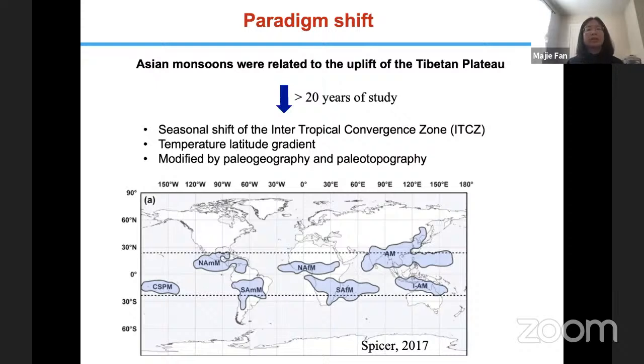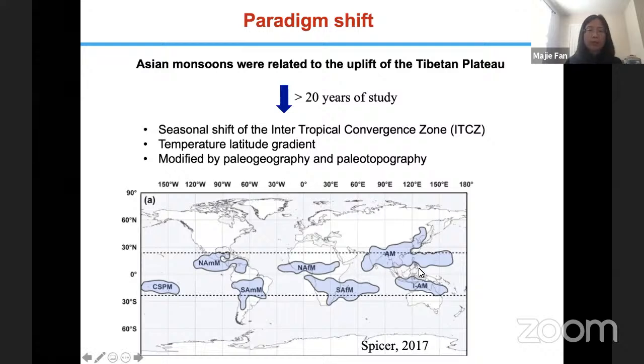So about 20 years ago, as a student, I learned that the Asian monsoon was all just related to the uplift of the Tibet Plateau. But two weeks ago, we heard from Alexis summarizing some of the cutting edge research showing that the monsoon was related to the seasonal shift of the intertropical convergence zone.